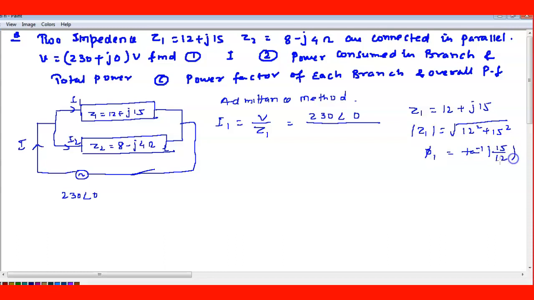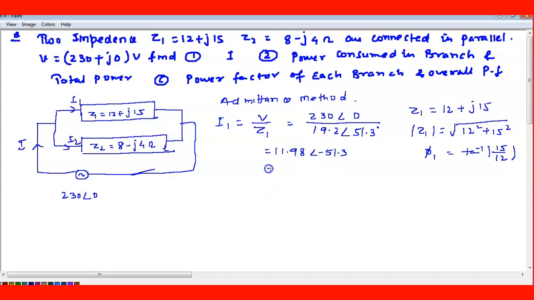Tell me the values, this one first. 19.20, and the angle is 51.3 degrees, right? So if you divide 230 by 19.2, you will get 11.98 with angle minus 51.3.